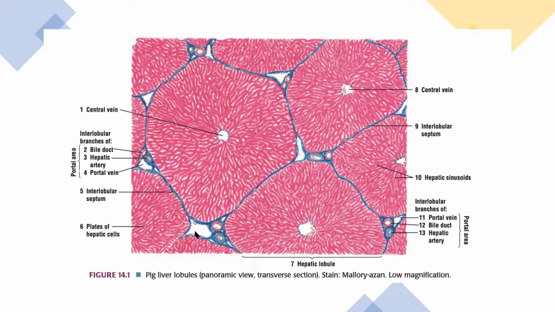In the other one, you can see the hepatic artery, bile duct, and hepatic portal vein. In the other one, hepatic portal vein, bile ducts, and a branch of the hepatic artery. The cells around the central vein are hepatocytes. Between the hepatocytes, the clear areas are blood sinusoids or hepatic sinusoids.